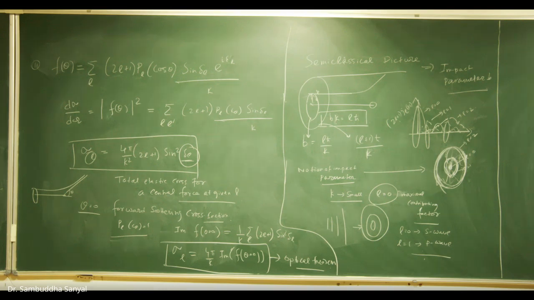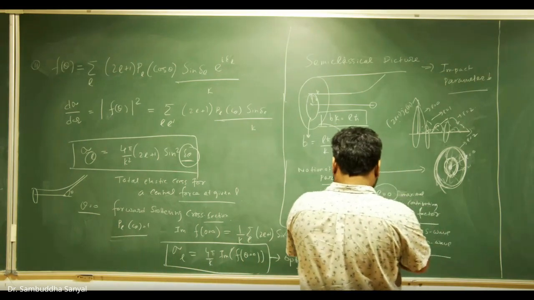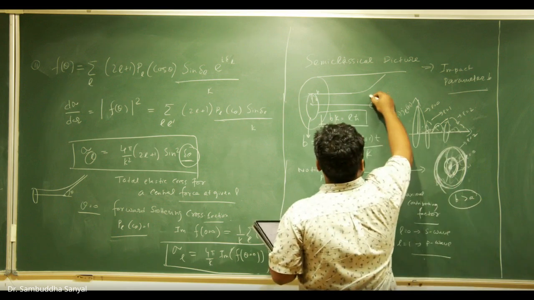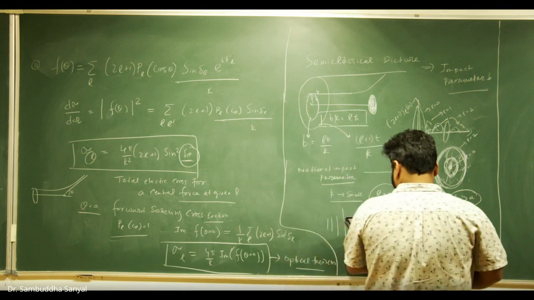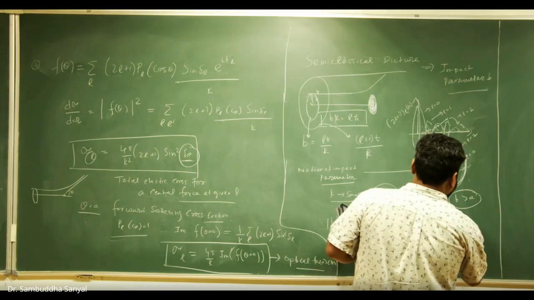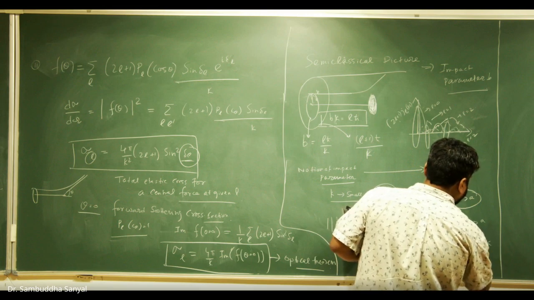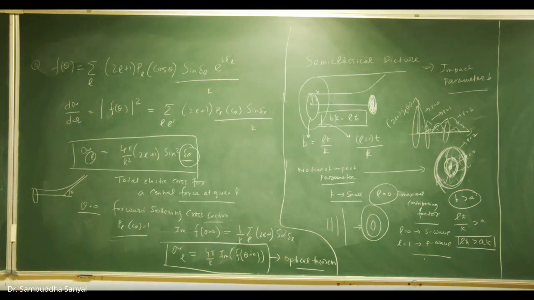You will also want to have the notion of missing the particle altogether. If your B is somehow greater than A, where A is basically some physical bound of the object you are trying to hit, you replace this B by L h bar by K. The equivalent statement is that if the angular momentum is greater than AK, or in other words, if the linear momentum is too low, then it is likely to not see this scatterer.